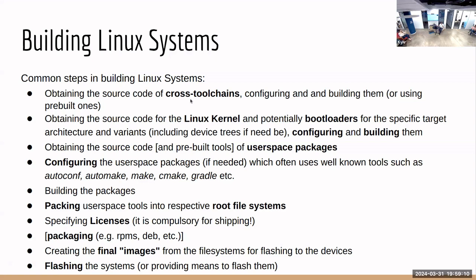Something would be basic requirements of the system, like, hey, we want GCC of this version, Python of this version, and GNU make of that version, or CMake, or Gradle, or you name it. Once we have these cross toolchains, which allow us to do GCC for another architecture, for example, we can build things like the Linux kernel, as we covered in previous meetups.